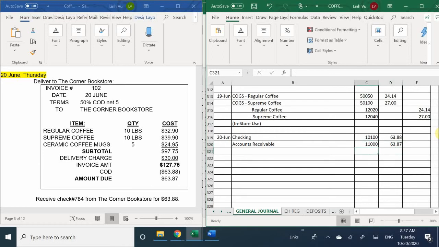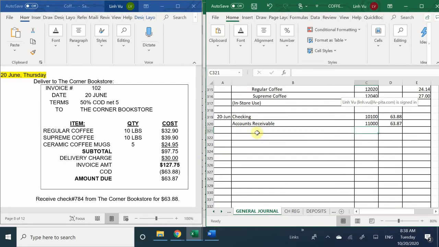All right, so 63.87. Now, what did I incur? If I received money and someone owes me more money, what transaction did I do? You made a sale. I made a sale.